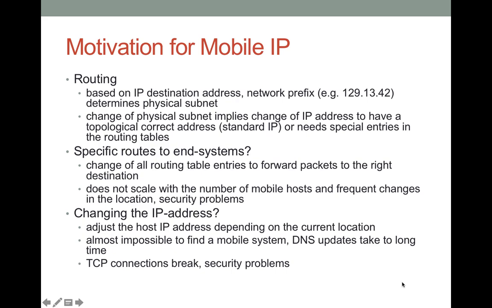Imagine if you don't have mobile IP, if you change the routing table, updating the DNS, the domain name server, takes time. So the consequence is that sometimes the TCP connection breaks, and this also introduces a security problem, where the network will look at this as maybe an attack if the TCP connection always breaks.